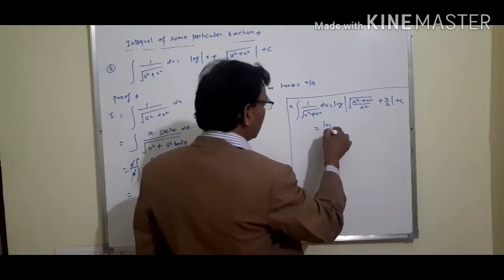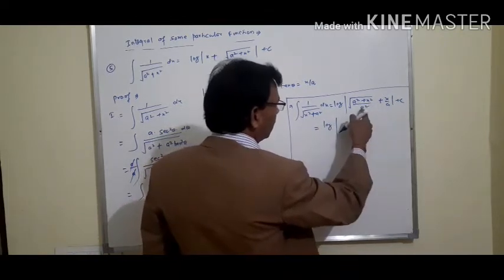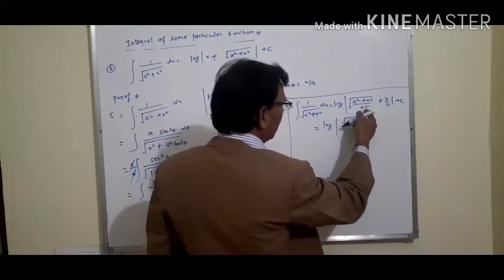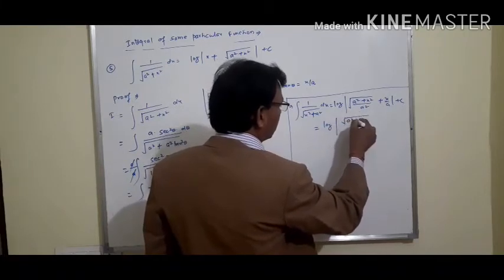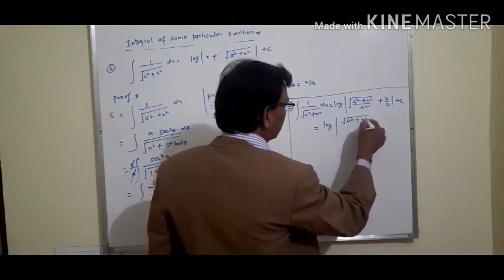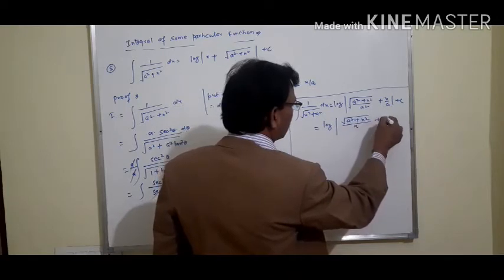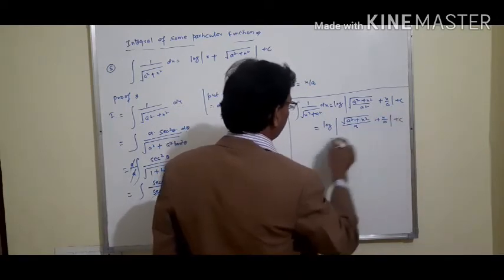Now a square comes outside from this square root, so you can write this as log of root under a square plus x square whole upon a plus x upon a plus c.